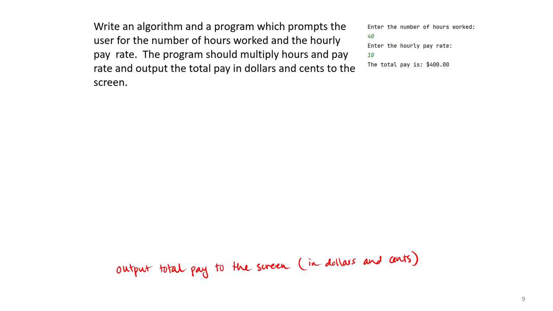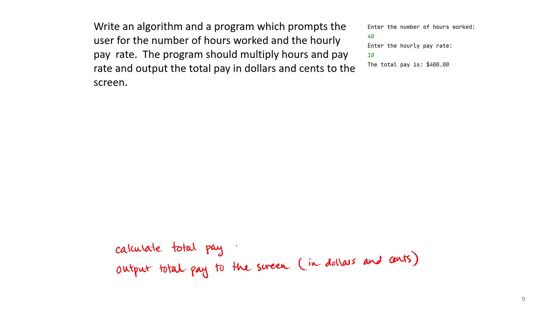Well, now what do we need to do in order to output our total pay? Yeah, we need to calculate it, right? Let's calculate our total pay. And we may even need to store that total pay in some variable in order to output it.